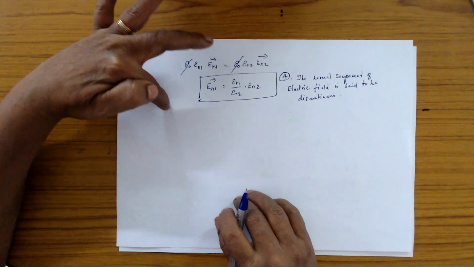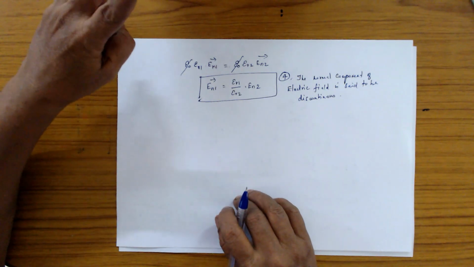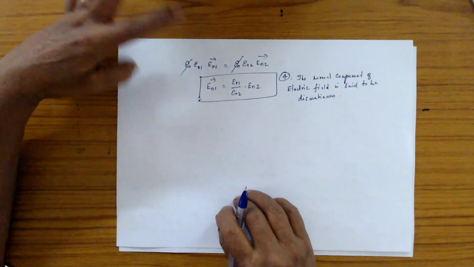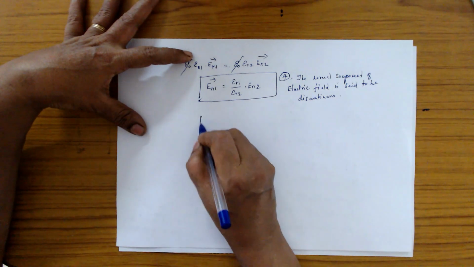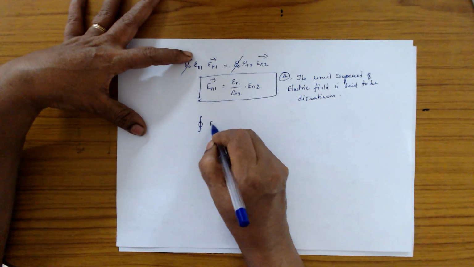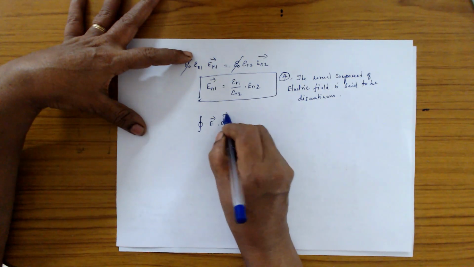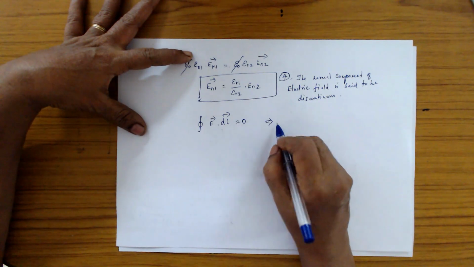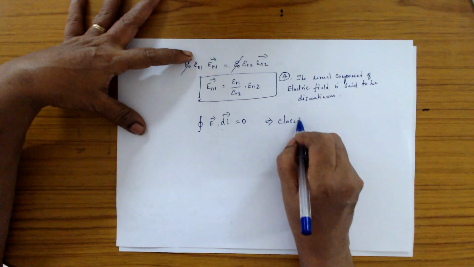Concluding this, there are two laws we are following. One is the integral of E dot dl equal to 0, for which we have taken a closed path for analysis.